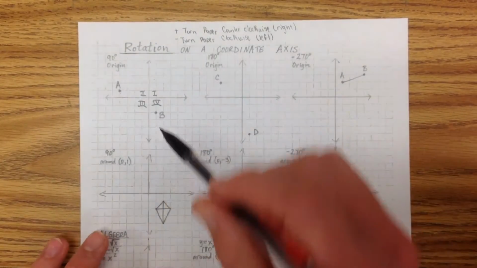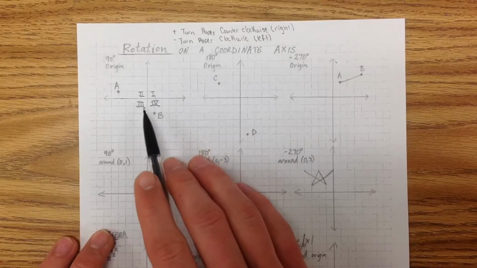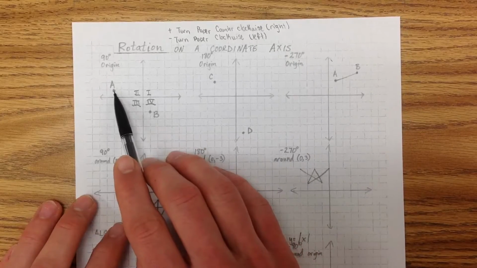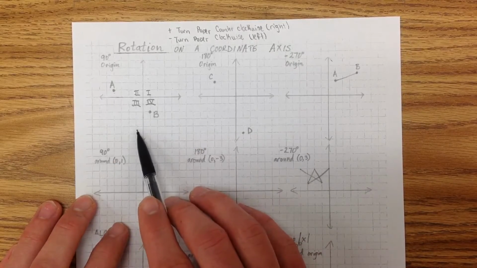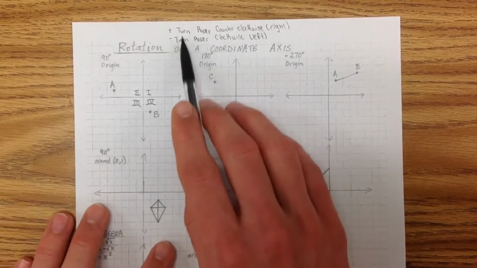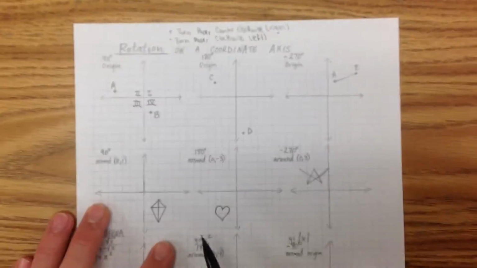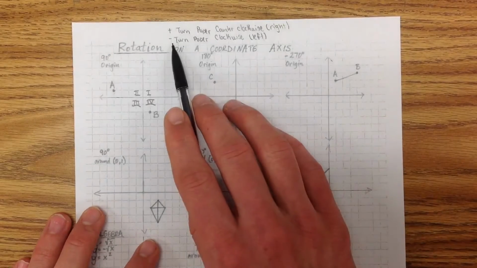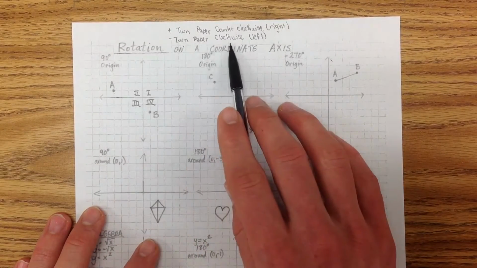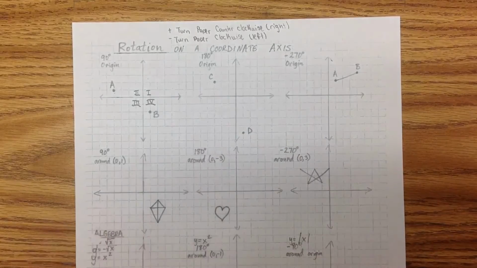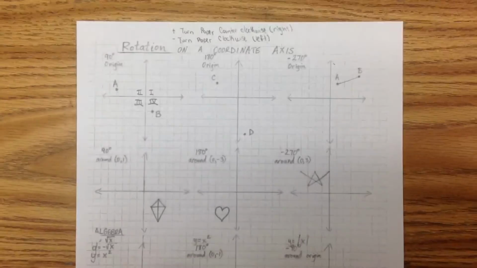In this case, here's how I want you to think of it. Instead of moving the point, think about just turning the paper. I wrote this up here: turn the paper counterclockwise, or to the right, if it's positive. If it's a negative degree, I'm turning the paper clockwise, or to the left. So this is positive.